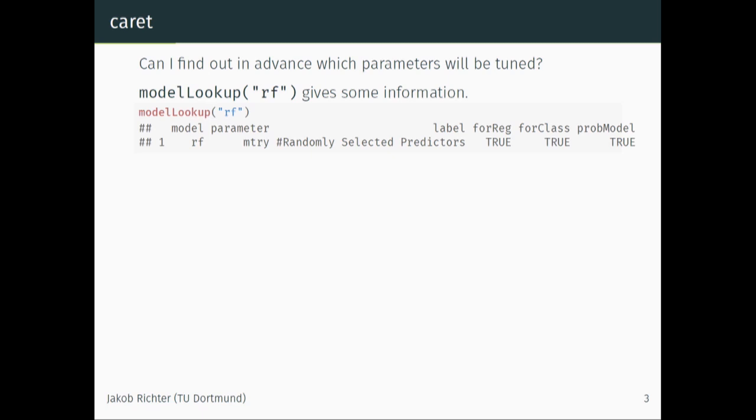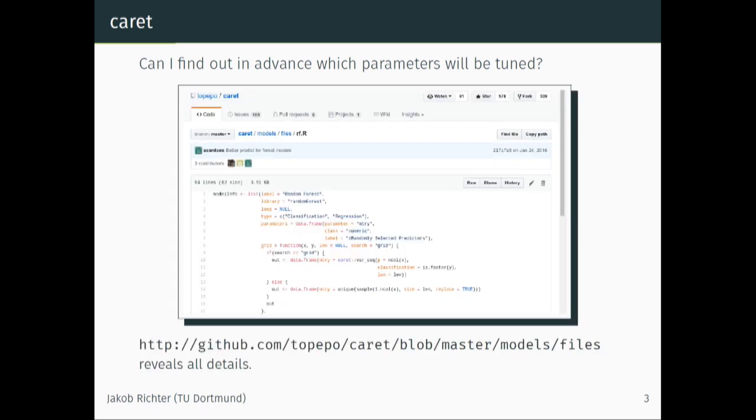To really see what is going on, there's no other way than to look into the source code. I don't know if you can read it, but it's also not so important. You see in here that the search grid will be built according to the number of variables in the data set, and whether it's a classification or a regression problem.